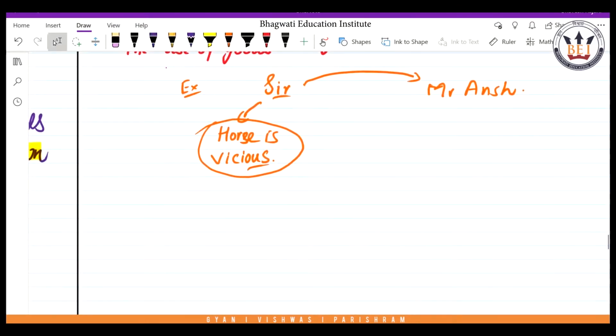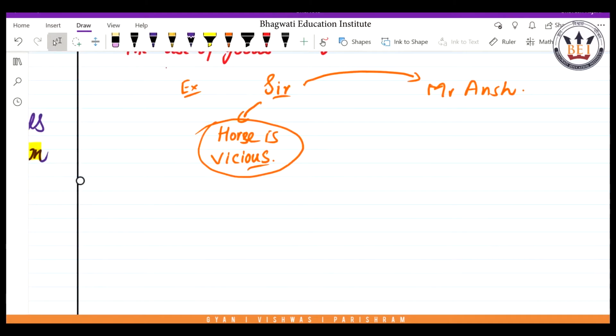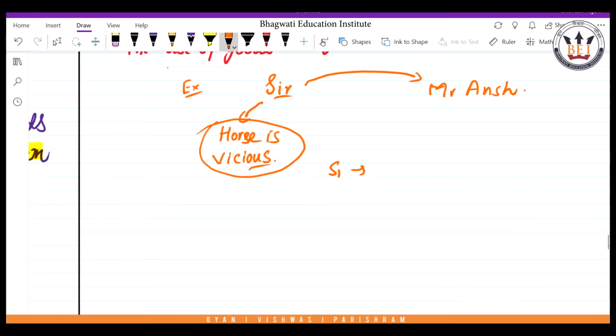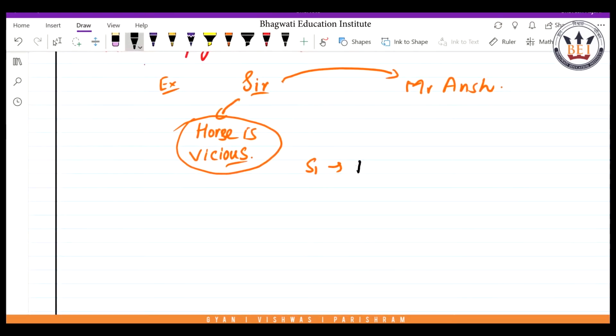Now let us say the horse is vicious and Sir did not know about it, so I'll put it under condition 1, or what I love to call situation 1. Situation 1: does not know about the horse being vicious, right? Maybe I've newly purchased the horse, I have no clue that the horse is vicious.